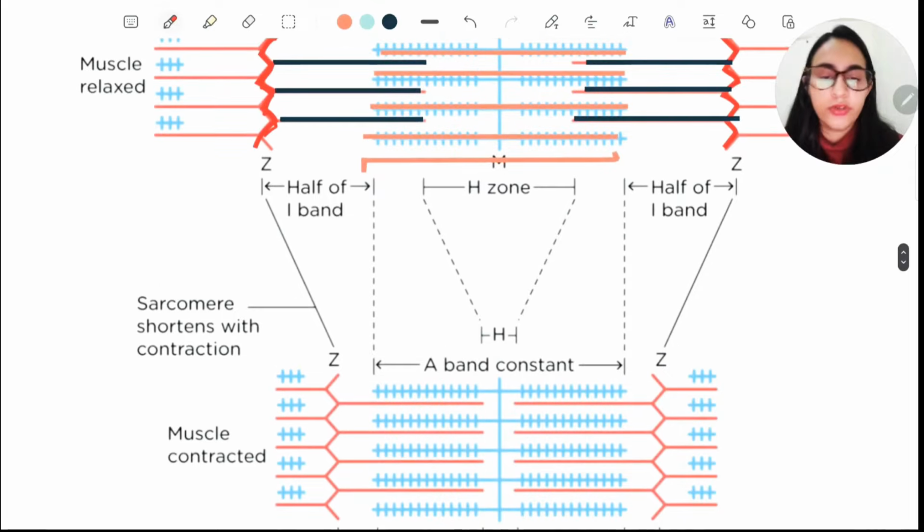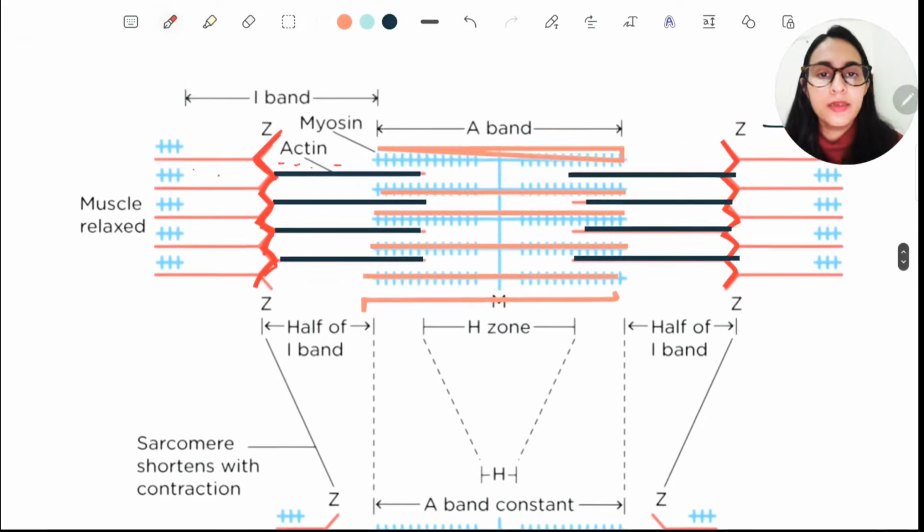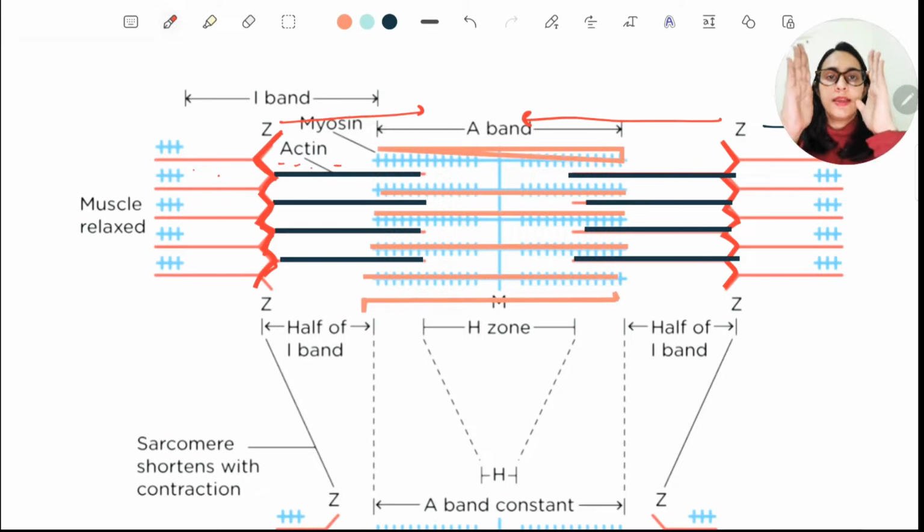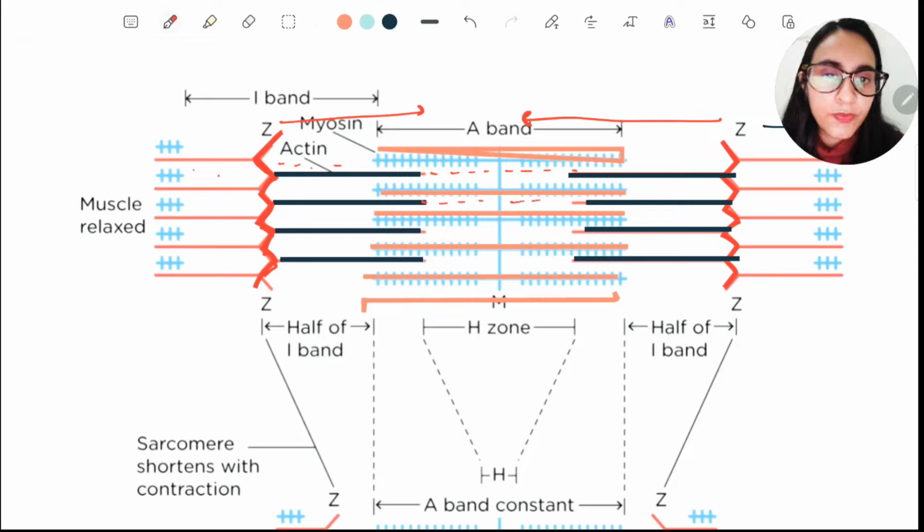Now coming to muscle contraction. Muscle contraction is when the thin filaments slide over each other. The Z lines come closer. Suppose these are the two Z lines, normally in a zigzag manner. When they come closer, the I bands approximate each other.